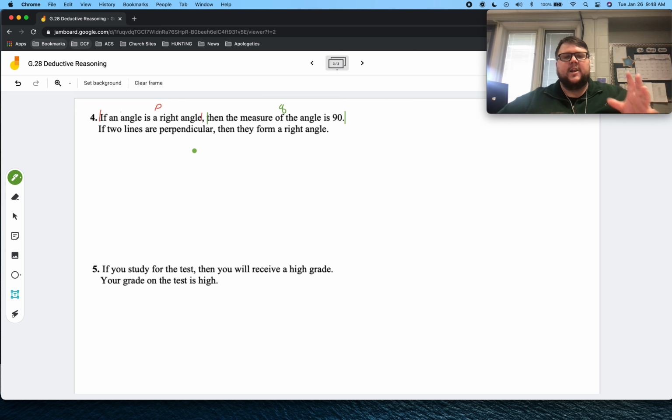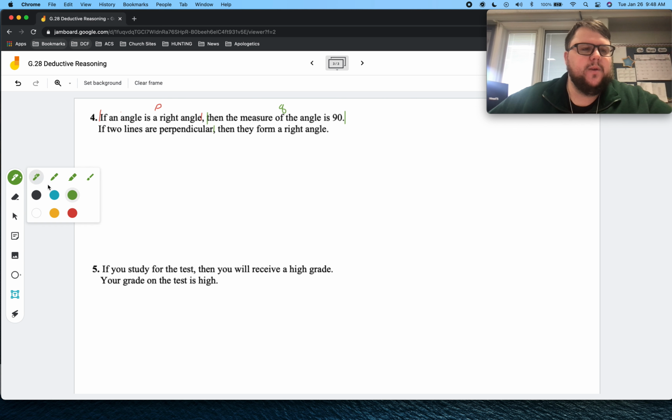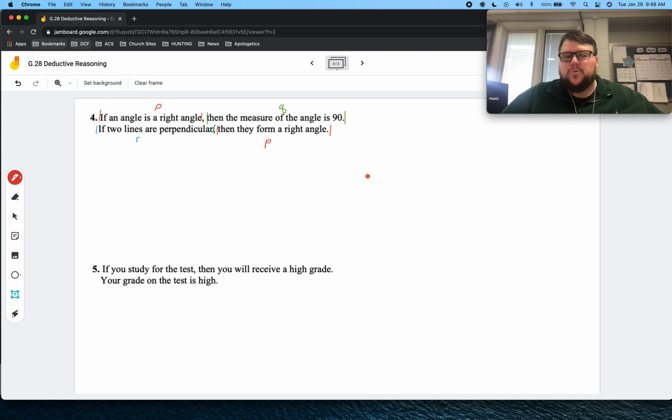So we're kind of working a little bit backwards here. So I had to look at it. If two lines are perpendicular, that's actually going to be an R statement. R, and then they form a right angle. But if you notice, the right angle means that's our P statement. So we've got to unpack this one together and see what type of conclusion we can make.